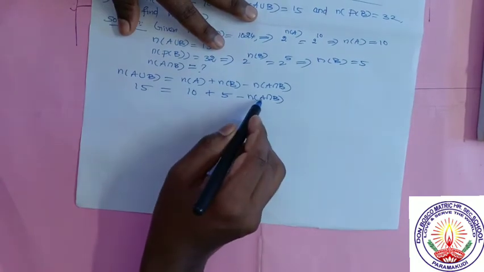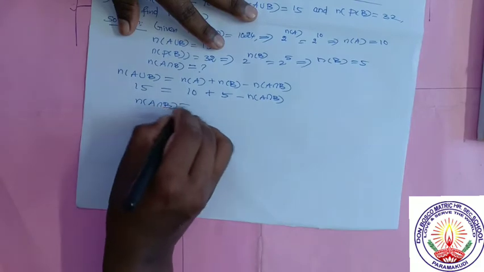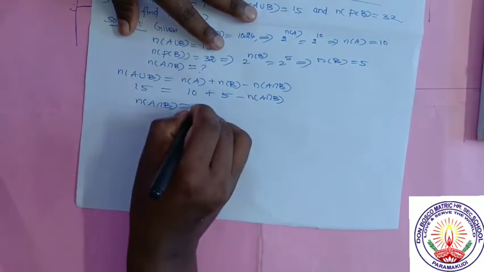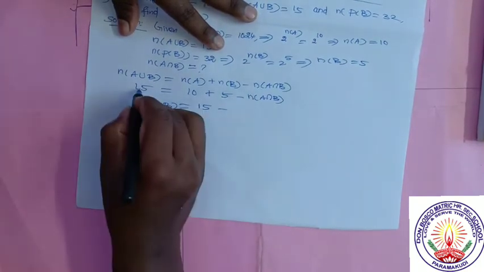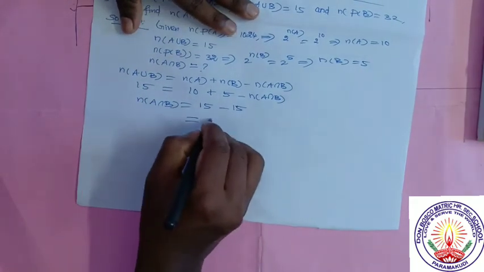Bring this minus A intersection B to this side. n of A intersection B is equal to 10 plus 5, 15, minus, bring this 15 to this side, 15. 15 minus 15 is equal to 0.